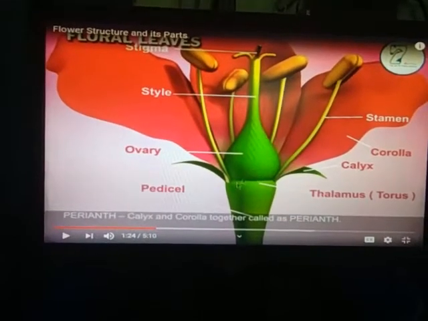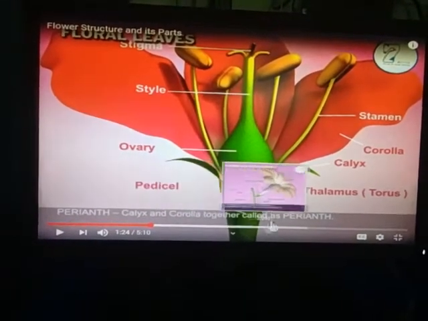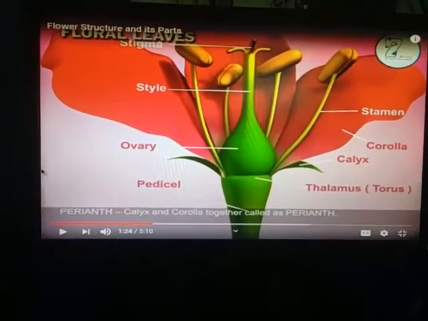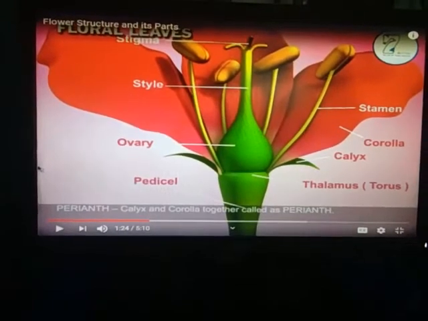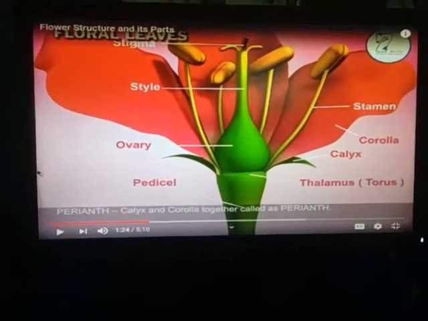Now one term arises here: what is perianth? When calyx and corolla are together called perianth collectively. When we discuss calyx and corolla collectively, this structure is called perianth.